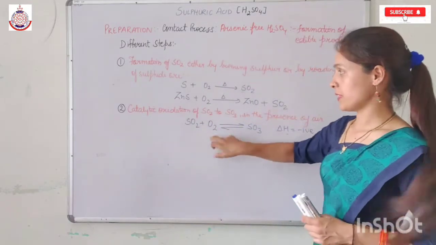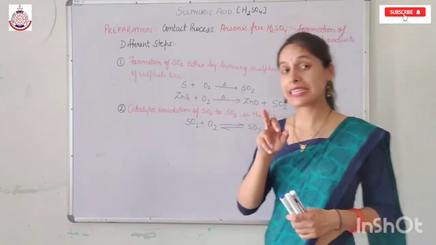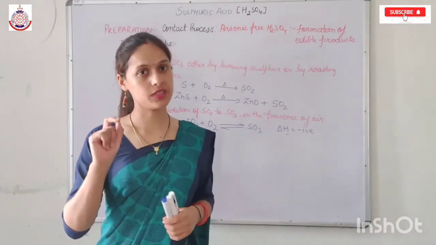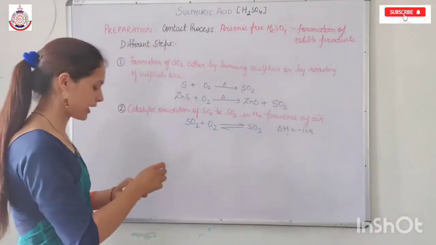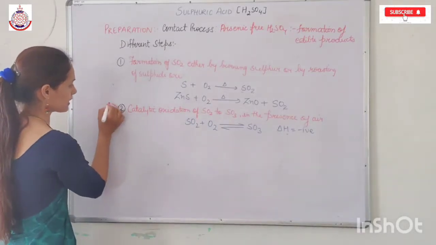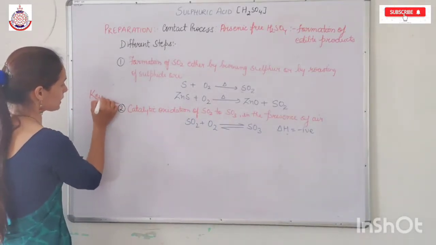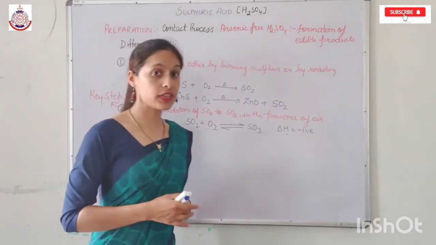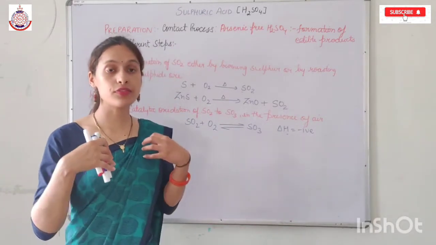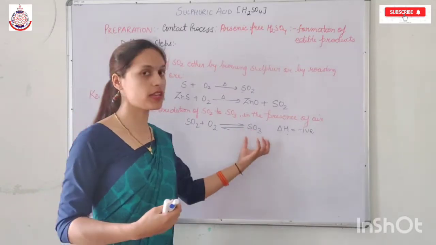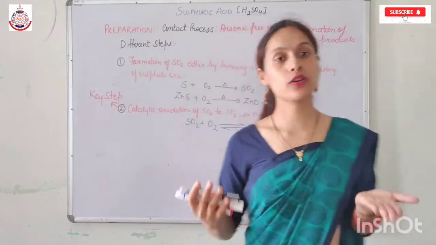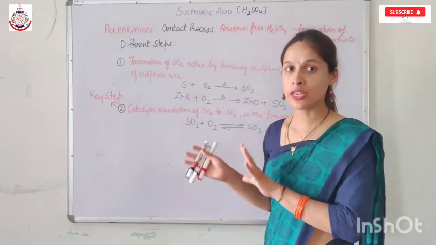Now, this second step is the key step of the contact process. This is the main step. Always remember that the second step is the key step. It means if we get a larger amount of SO3 in the second step, then we get a larger amount of sulfuric acid through the contact process.